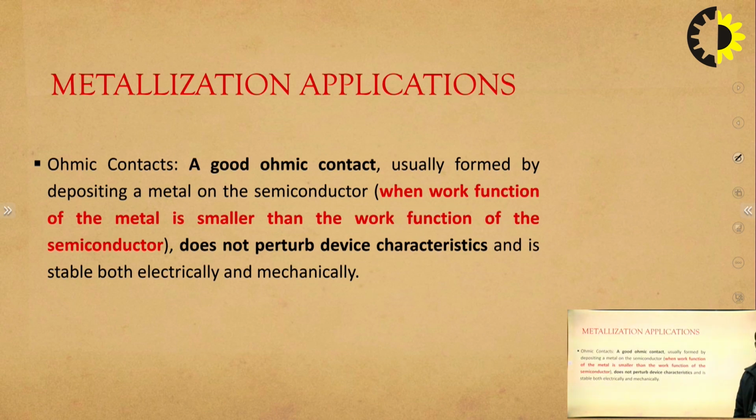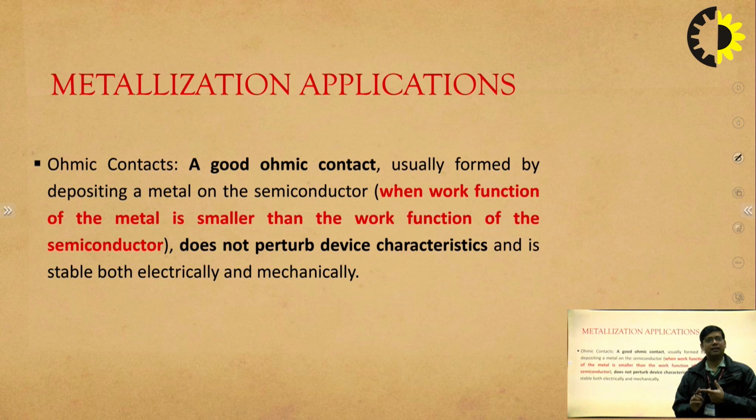The next topic, after we have discussed the primary applications of metallization, that is for gate, for source and drain contacts, and interconnection, is what is ohmic contact. It's a very important topic that we have to understand, because when metal comes in contact with the semiconductor, there are two kinds of contacts that can be formed. One is known as ohmic contact and the other one is known as Schottky contact.